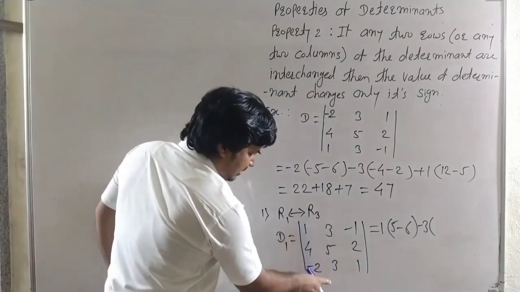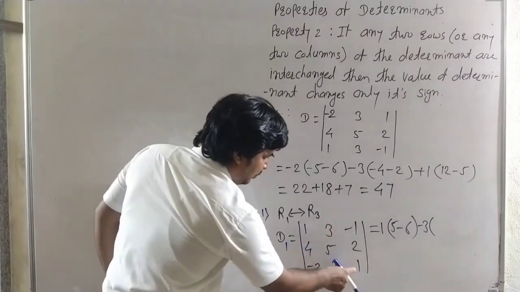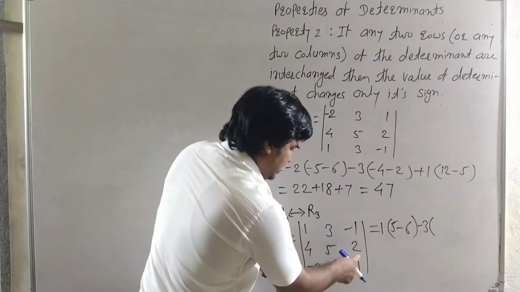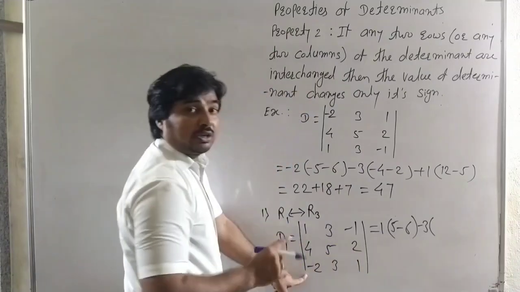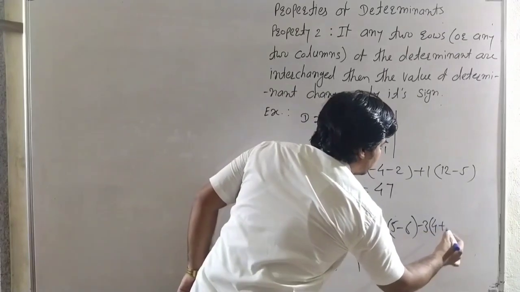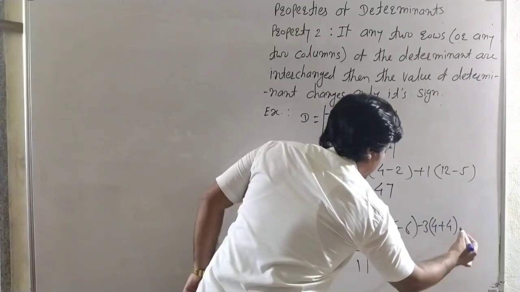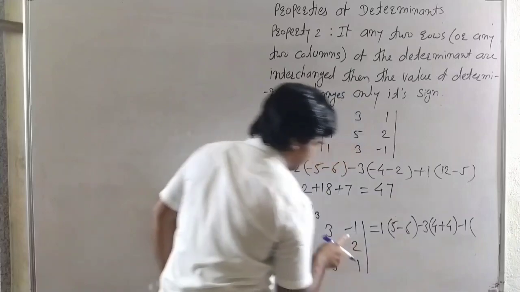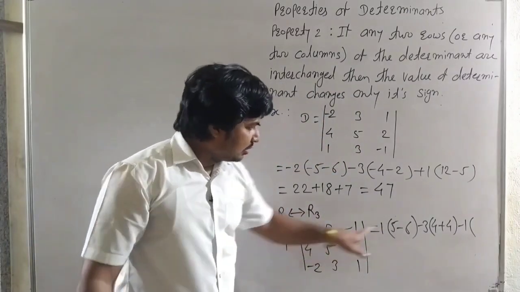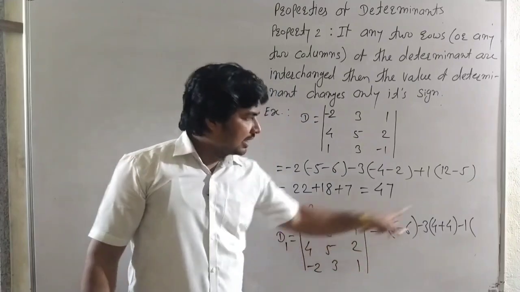Again eliminating row and column, 4, 2, 1, -2: 4 into 1 is 4, minus 2 into -2, that is +4, so 4 plus 4. And the third number, -1, as it is. We take -1, with the first number 1 as it is. Change the sign of the middle term, and then it is -1.